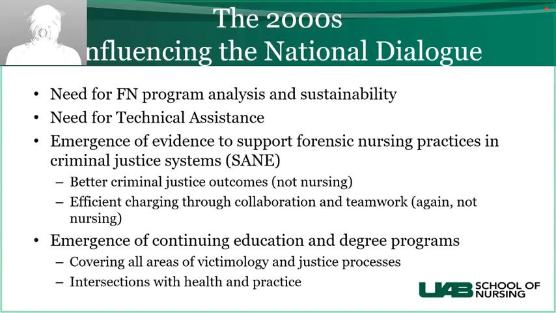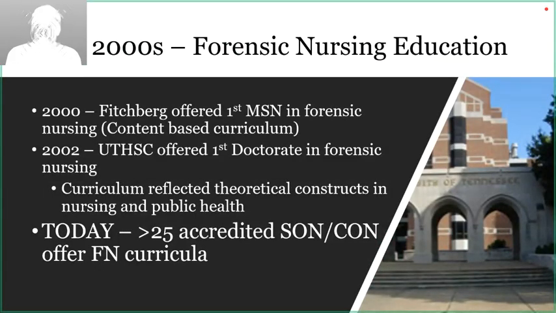And they met all the systems levels analysis for graduate programs. And they covered areas like criminology, victimology, justice processes, and where there were intersections with health and practice in nursing care. So here's some of the early schools that offer master's and doctorate in nursing science, or DNPs.